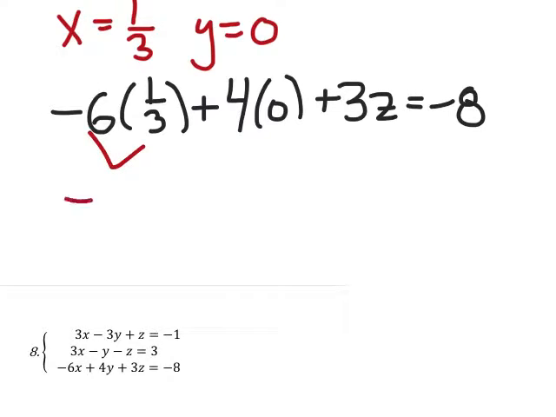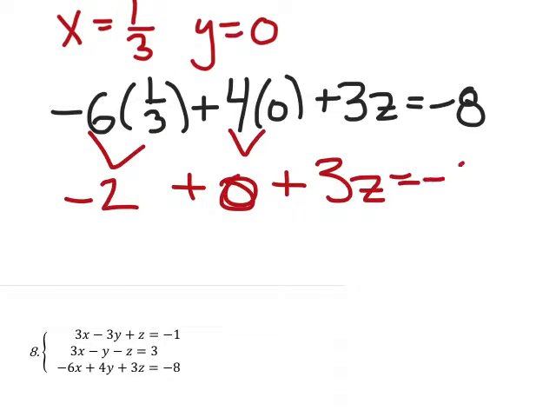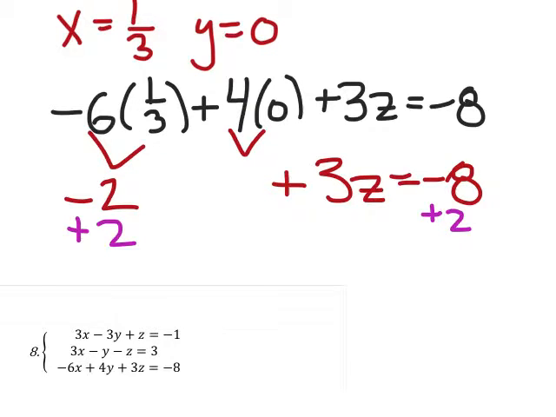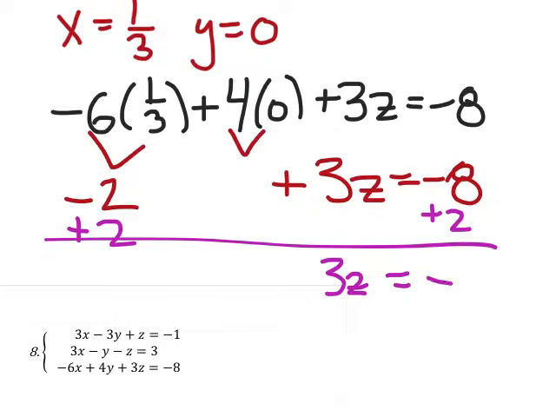Negative 6 times 1/3 is a negative 2. 4 times 0 is 0. Plus 3z equals negative 8. And yes, we don't need that 0 there. So what we'll do is add 2 to both sides. That gives us 3z equals negative 6. Finally, z equals negative 2. Just divide 3 by both sides there.